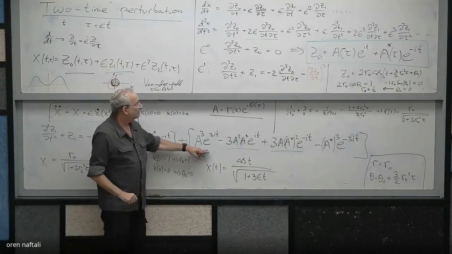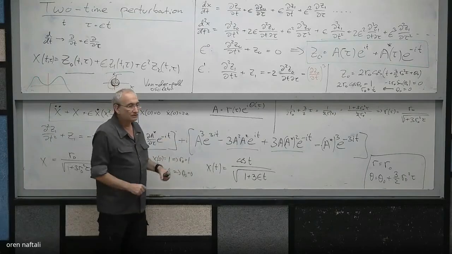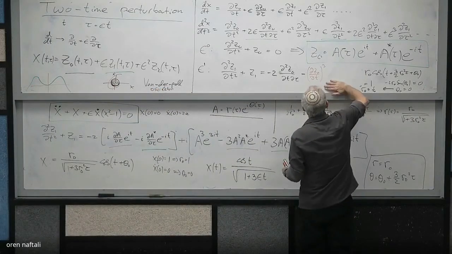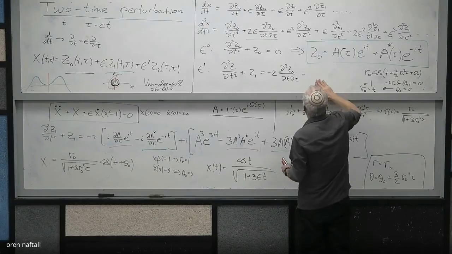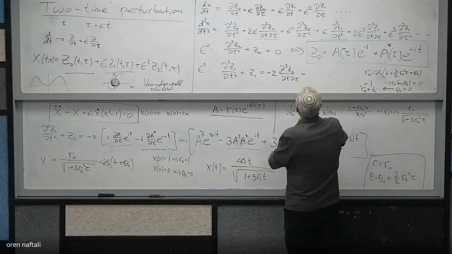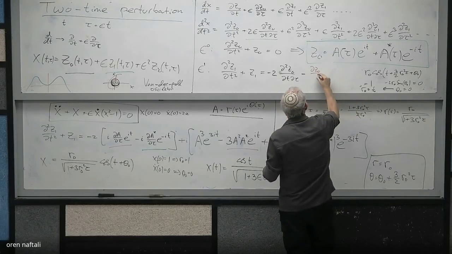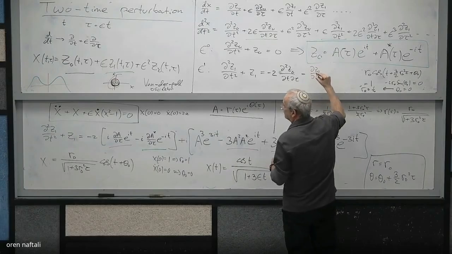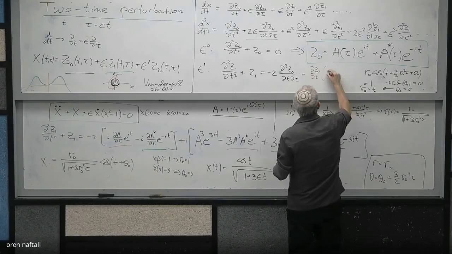The only difference is here, right? So now we should put here dz naught/dt times z naught squared minus 1.